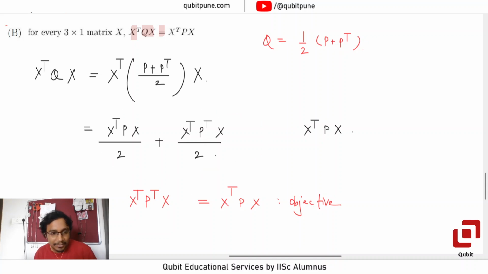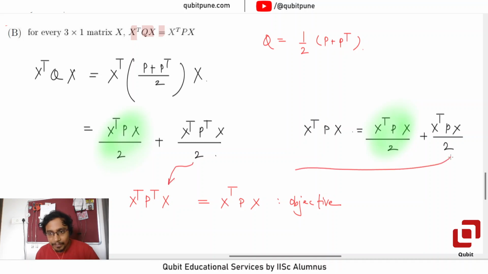We have to equate this or check whether it is the same. But I can always write this as X transposed PX by 2 plus X transposed PX by 2. Now this is there, so what remains to be proved or confirmed is this part. Forget 2 in the denominator. That is our objective.